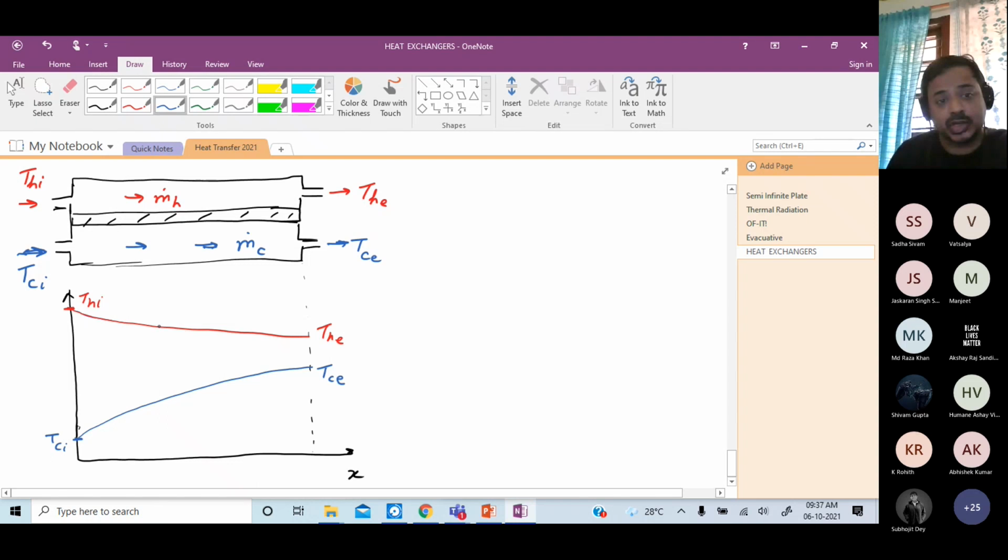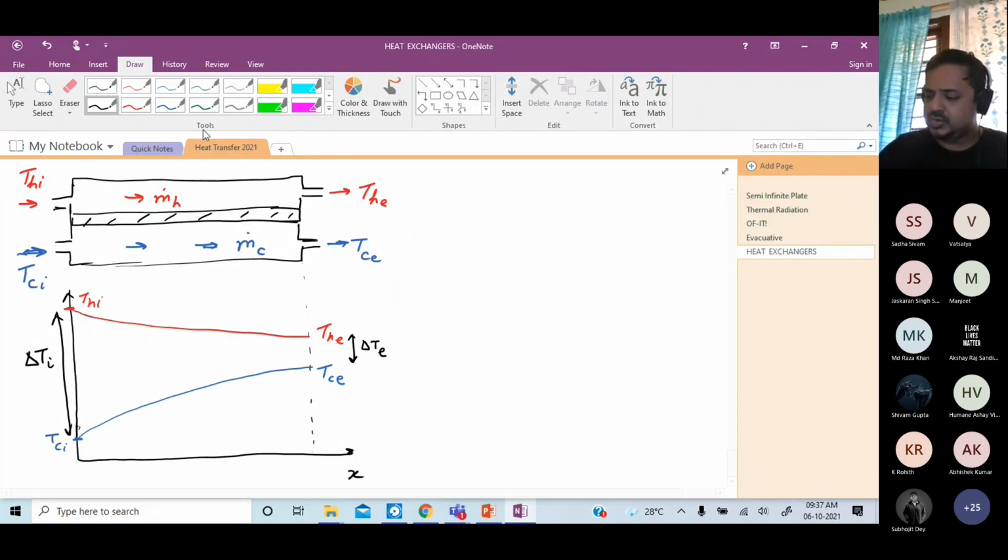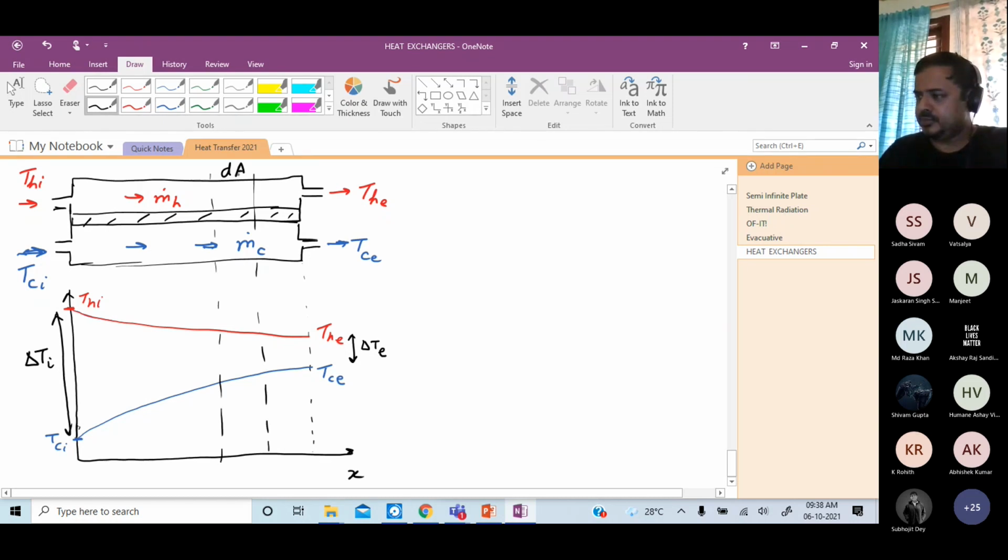Not constant. Delta T is high at the inlet, and it is the minimum at the exit, delta T_e. So as before, what we will do is let us take an area dA.